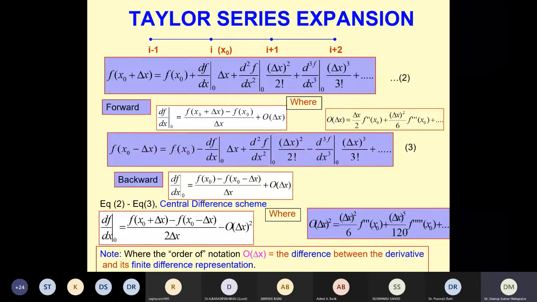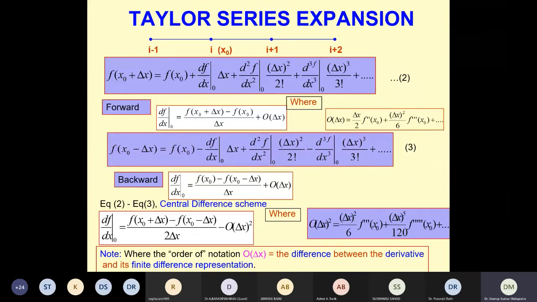That is what we call the discretization error, and it is accepted in order to simplify the representation of a first order or second order derivative in its difference form.